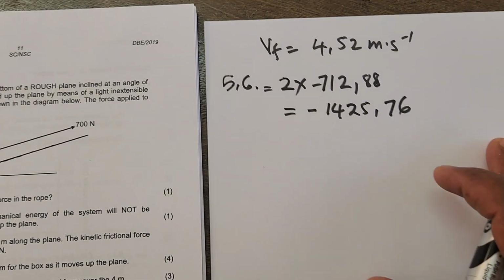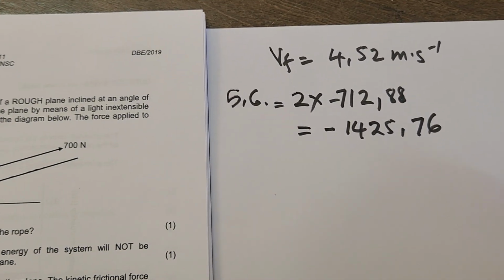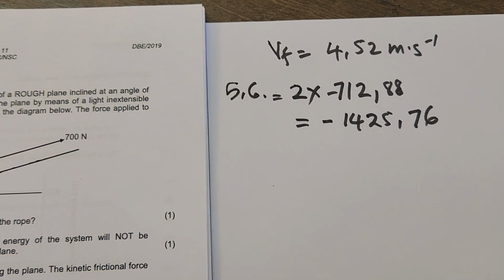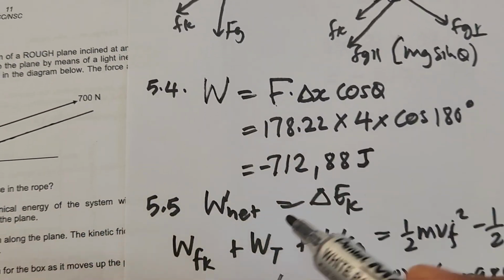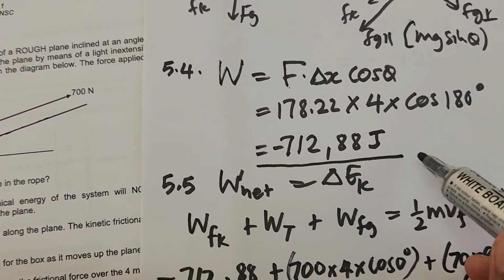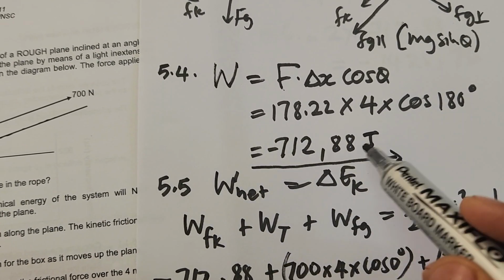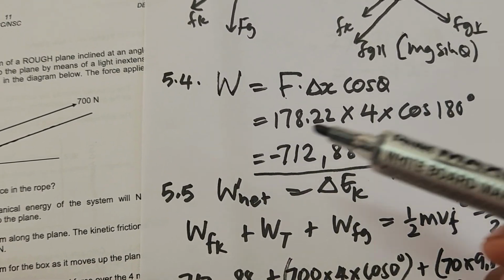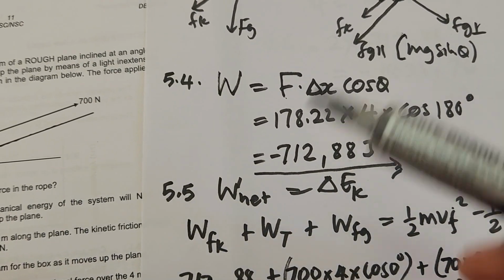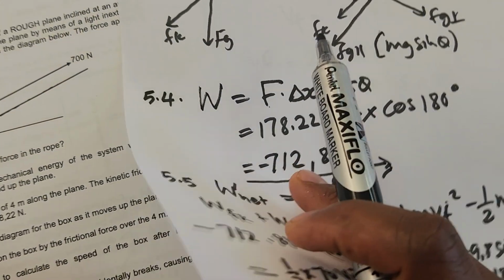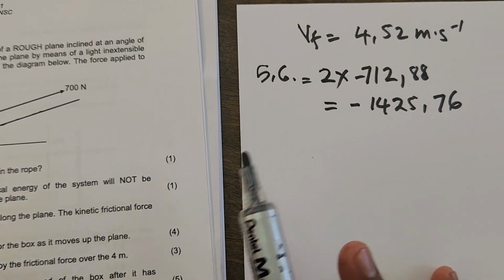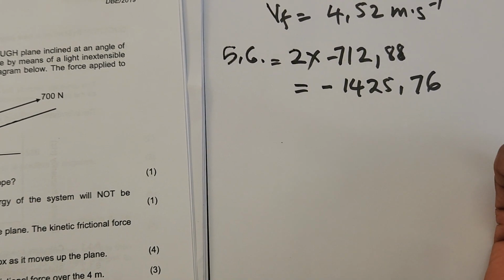It will be 2 times 712, which is the work done by friction that we did here. That work when it's going up will be the same when it's going down, so the total work done will be the sum of the two.